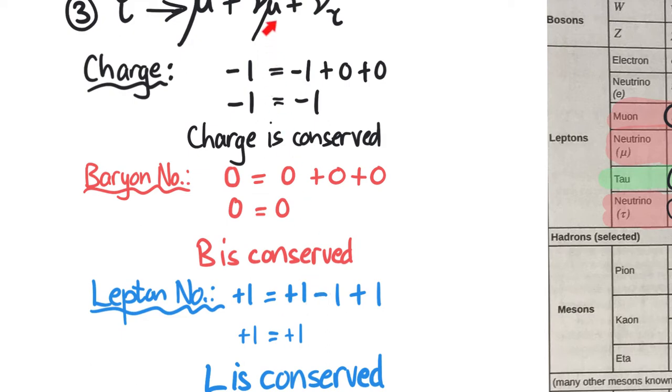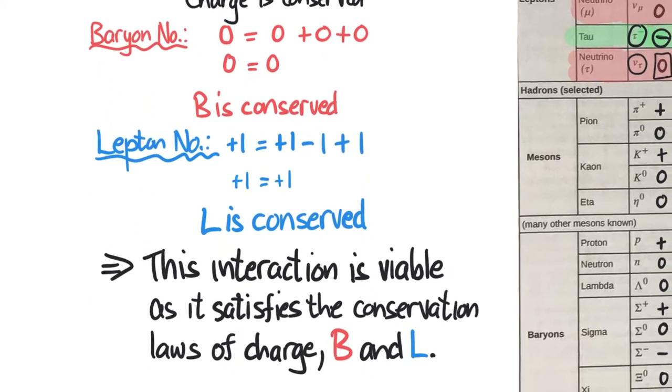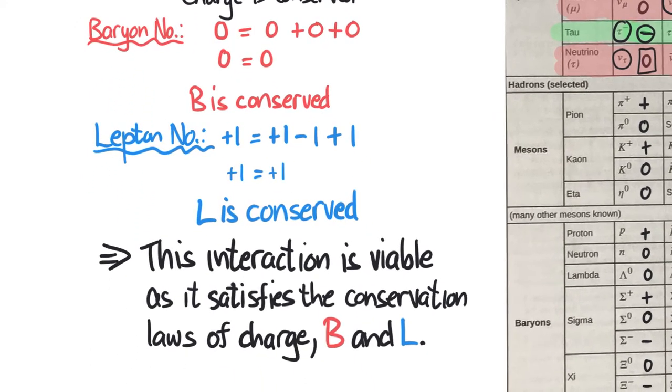The anti-muon neutrino has a -1, and the tau neutrino has a +1 lepton number, and so therefore we see +1 equals +1, and so the lepton number is also conserved. So this interaction is also viable, as it satisfies the three conservation laws.